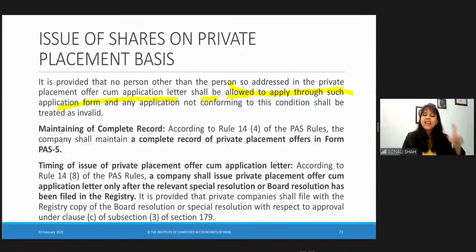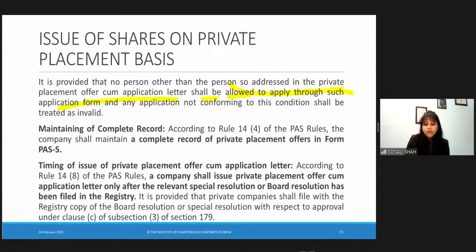Also, there is an obligation on the company to maintain a complete record of private placement offers. So the list of people to whom the private placement offer is made will be maintained in PAS 5.